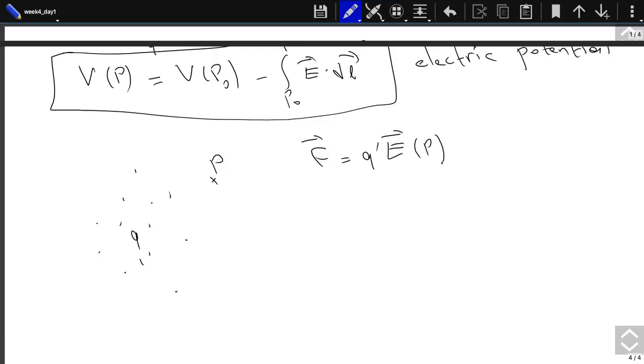And again, this electric field is the field created by all the other charges. And if you put that charge Q prime, the change in the potential energy of the system as a whole will be nothing but Q prime times V of P, the electric potential at that point, again created by all the other charges.